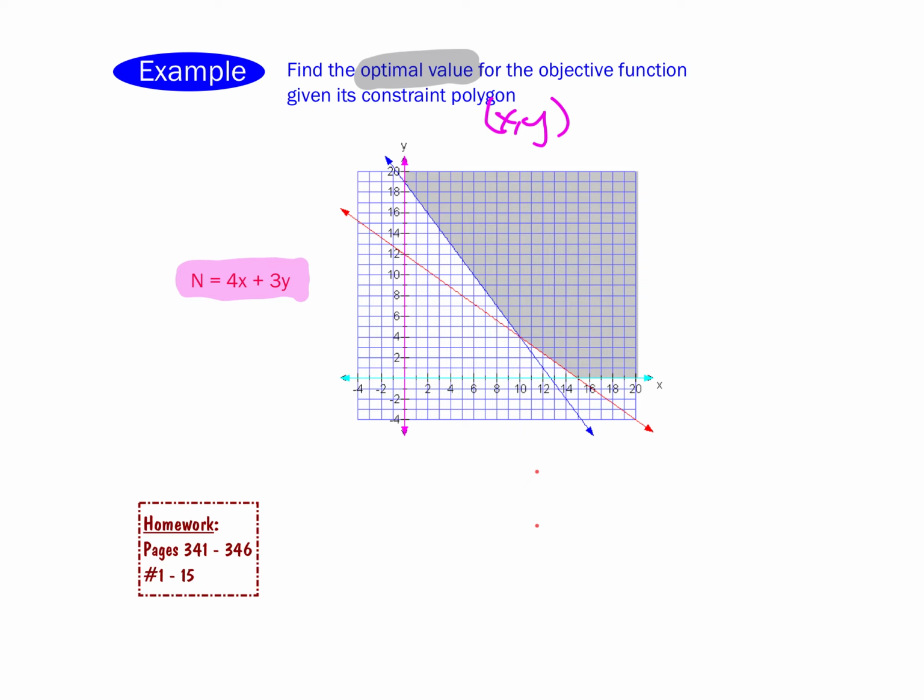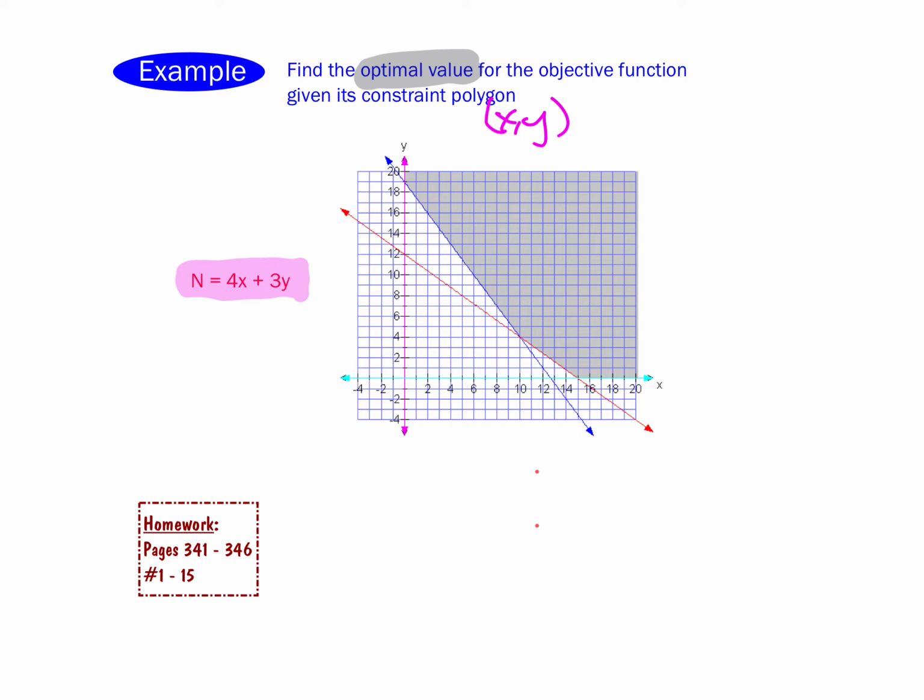There are not enough clear instructions here. That's on me, for not saying whether we're minimizing or maximizing. But if we use logic here, if we were trying to maximize, it would go into infinity. If x and y get bigger and bigger, this gets bigger and bigger. So the only way to optimize this would be to minimize it.